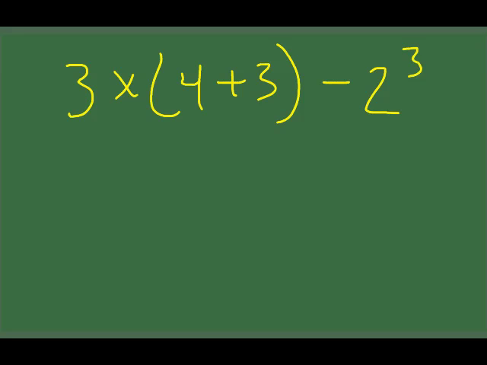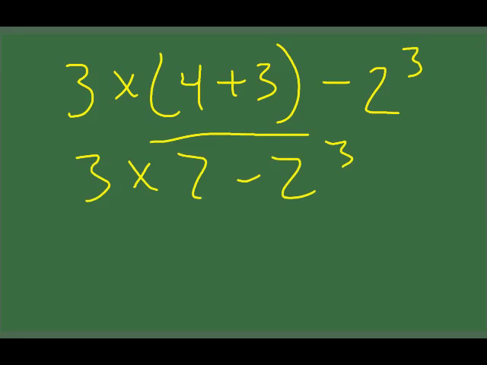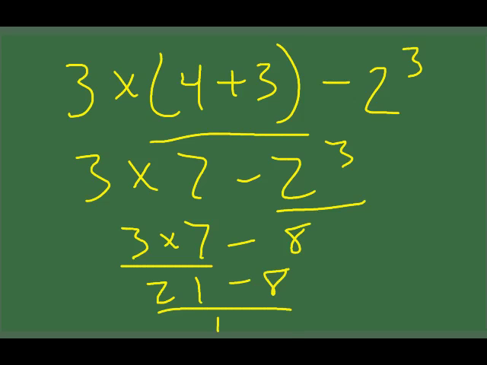Let's make it nice and long. Give it a shot. Pause it. Go. All right, we got some parentheses. We have to take care of those first. Next, we have an exponent. Rewrite the rest. Next, my multiplication. And we finish it up, right?